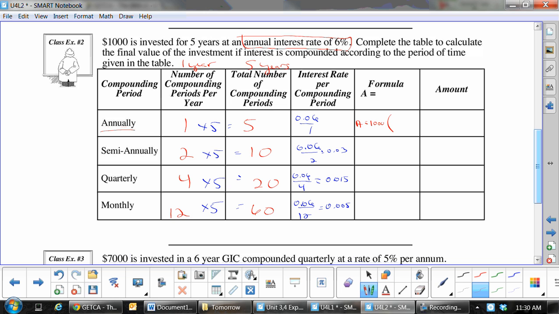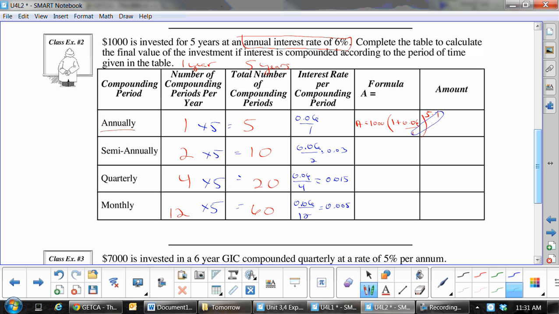1,000 times 1 plus 0.06 over 1 times 1 times 1. And that would be, sorry, 5 times 1. And then I always check this to make sure they're the same.